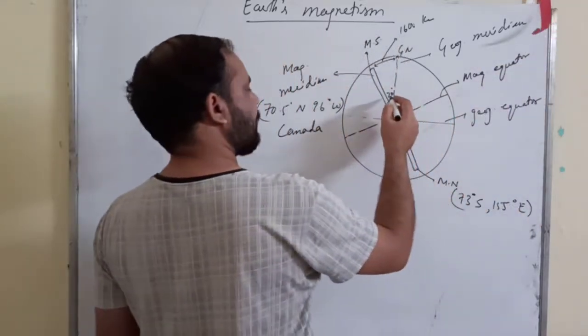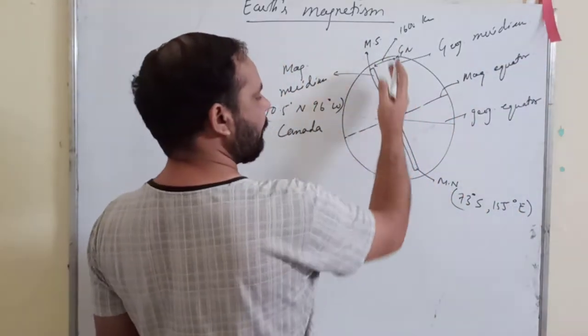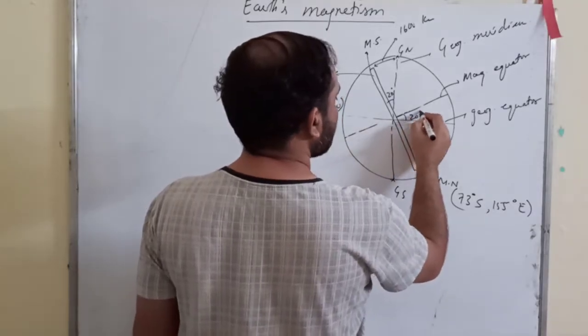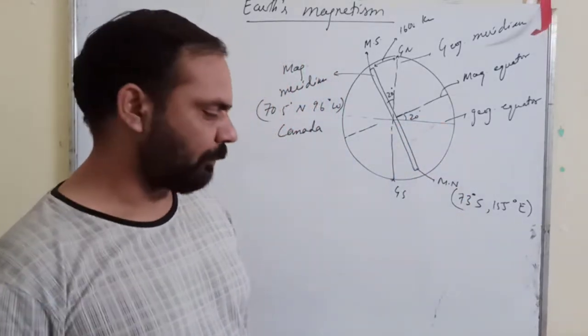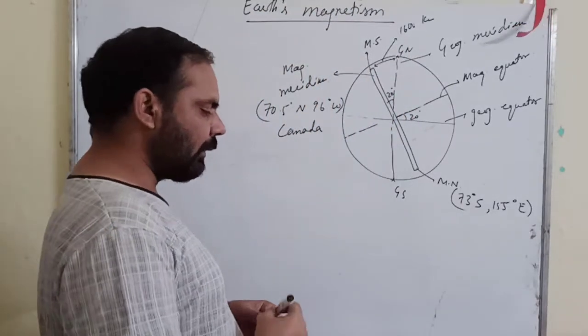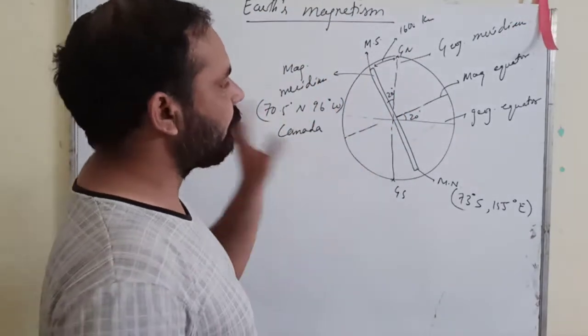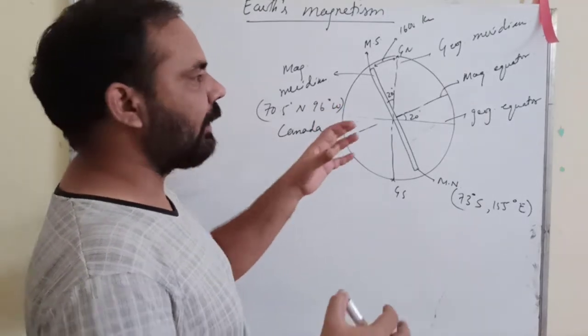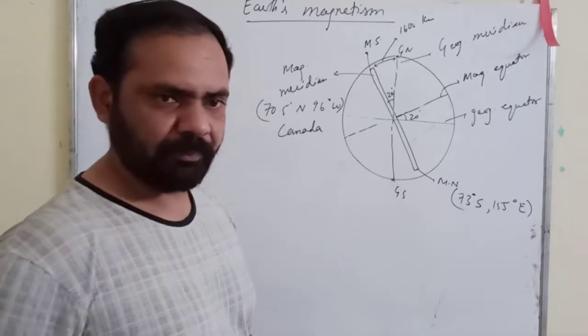Since the angle between the meridians is 20 degrees, similarly the angle between the equators is also 20 degrees. You can obtain this mathematically also. So this is the description of the magnetic field of Earth.